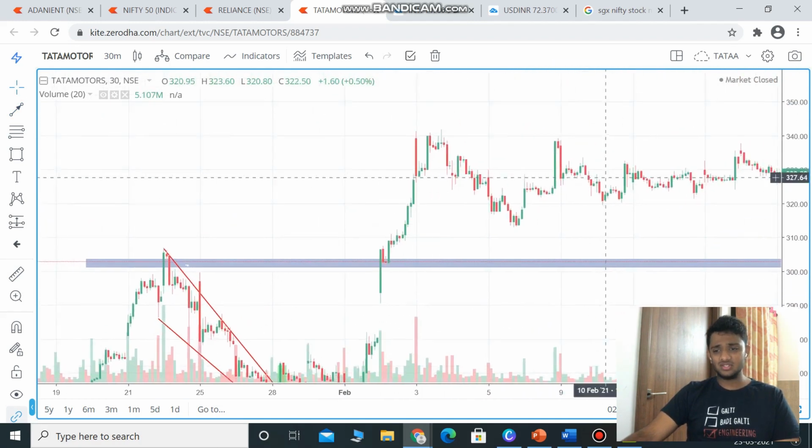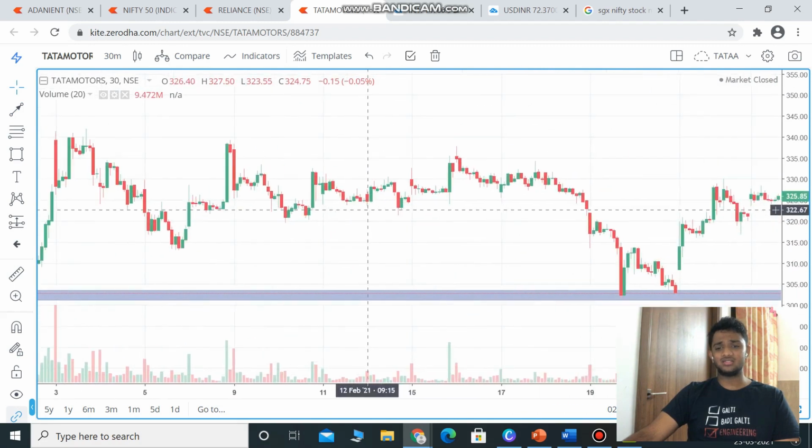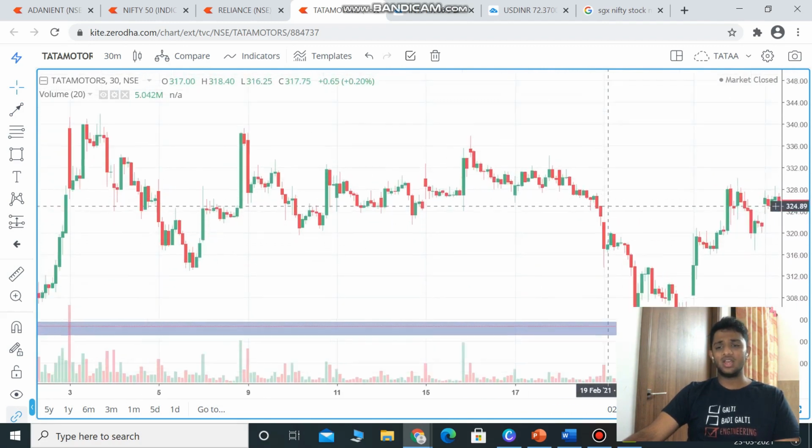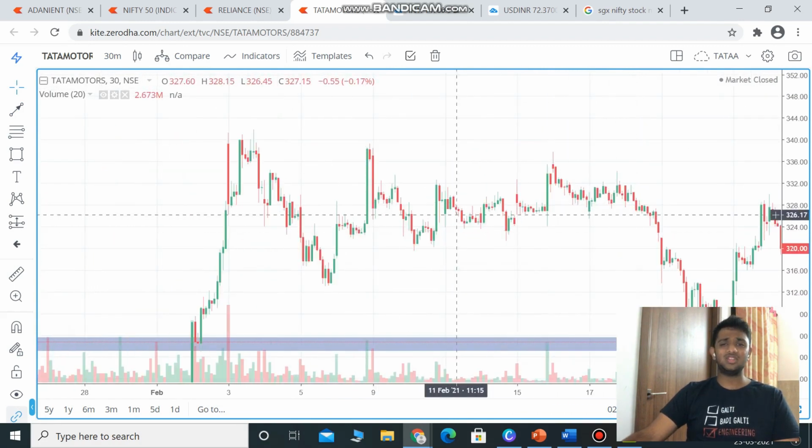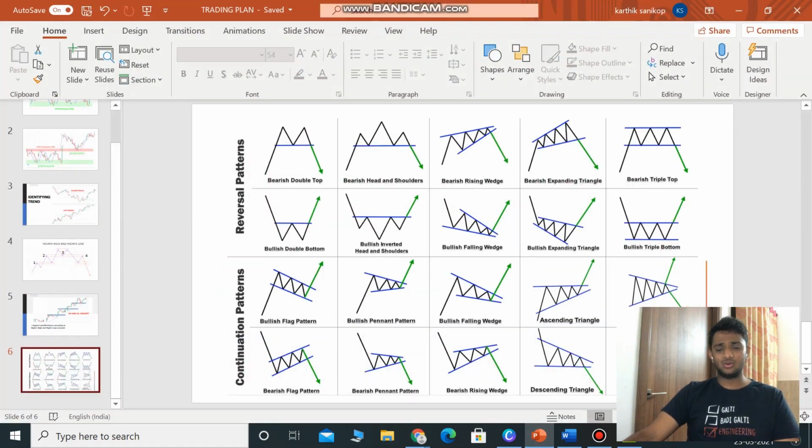So this is how you start finding support and resistance, where you see a pattern. I also showed you that there is something called head and shoulders. If you find a neckline, these are the shoulders of a man, and then a head. When it crosses this neckline, you start getting a bullish candle.